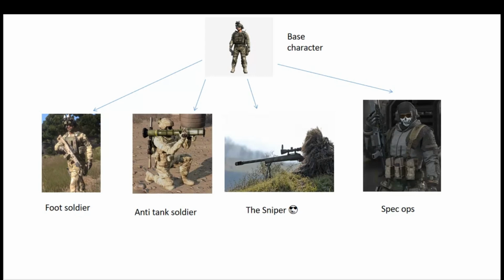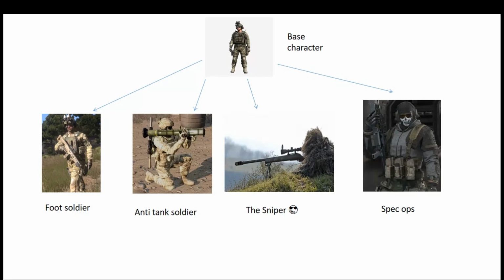So we would have a base character or the base soldier from which we can derive more specific and special classes of soldiers. So we have the foot soldier or the infantryman. Then we might have an anti-tank soldier, the one who is responsible for dealing with armored vehicles. And then we have the sniper. And let's say we'll have the spec ops soldier as well.